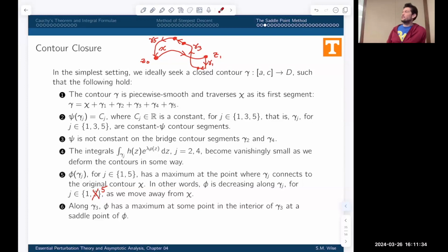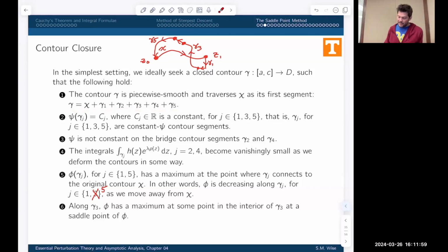So I guess I could have made the presentation in either one of two ways. One, the way I did, which is we think about gamma as being some closed contour which extends chi to begin with, or I could have just used this whole concept of contour deformation, which we talked about before. So I chose to do it this way.